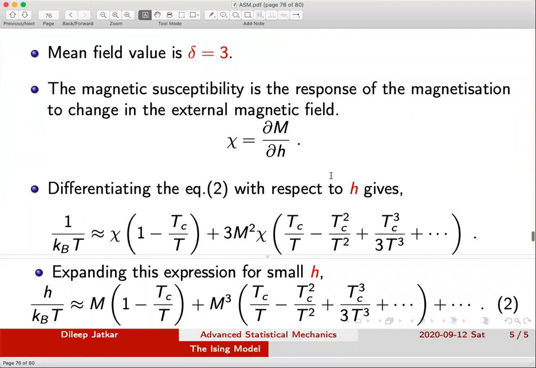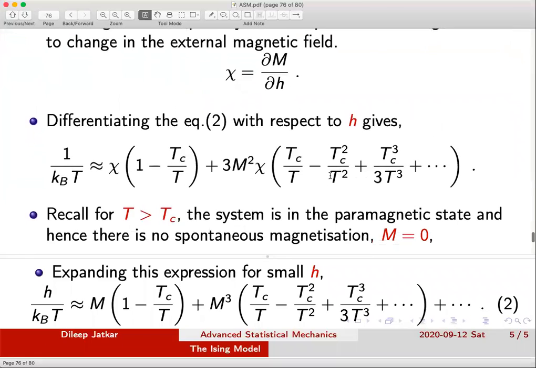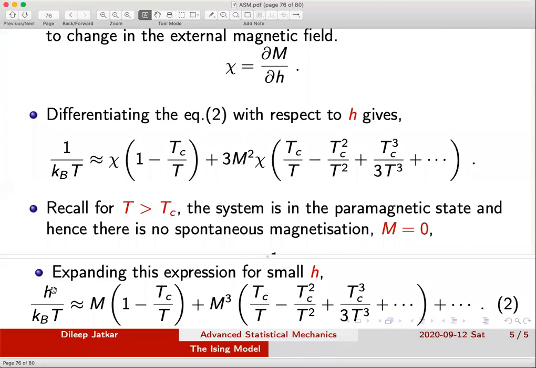So if you differentiate that, of course H goes away from the left hand side, but then you get chi times 1 minus Tc by T, and then you get 3M squared times del M by del H, which is chi again, times whatever is in the parenthesis. Is that right? So from this we can now determine how chi would behave, what the response of the system is when you change the magnetic field.